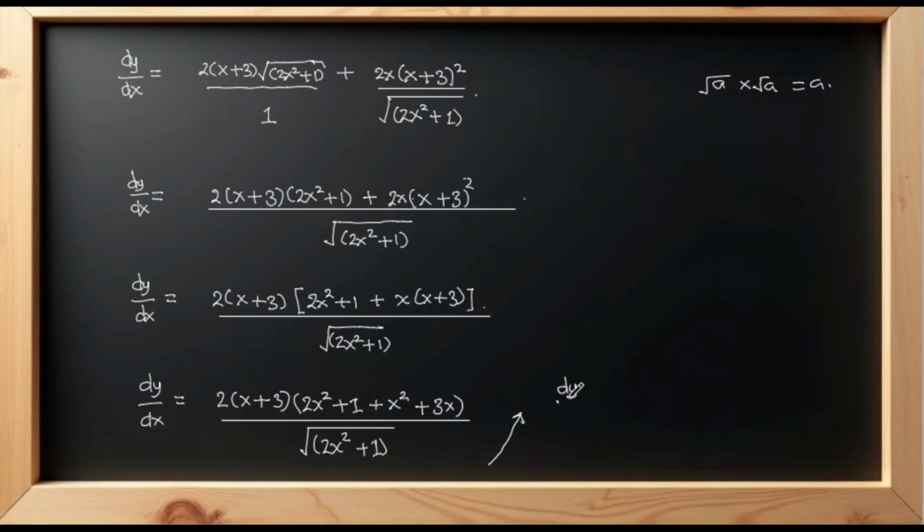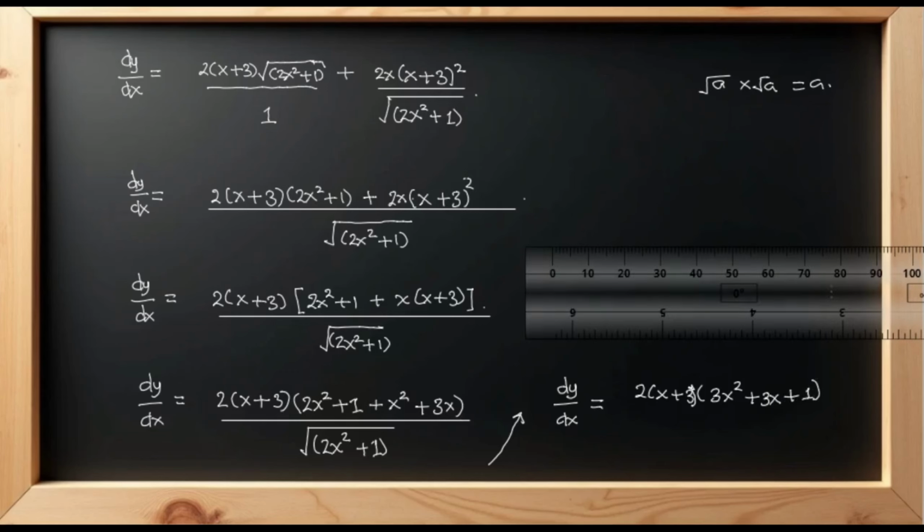So we can move up here to get our last answer done. So dy by dx equals 2 into x plus 3 into 3x squared plus this 3x, and then plus 1. And we're done with that.